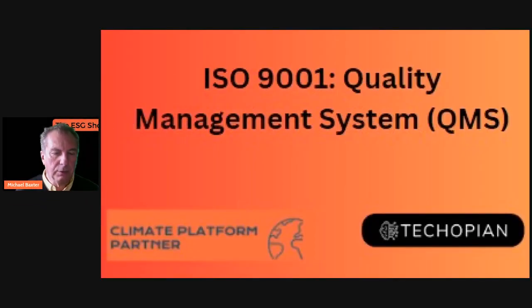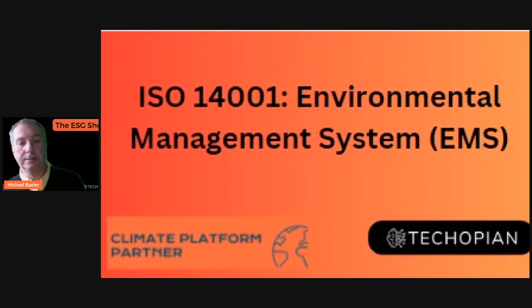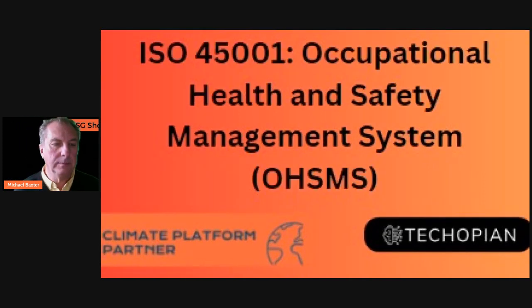So what we're going to do today is get into the nuts and bolts somewhat and really try to drill down and go through some of the ISO standards. For example, ISO 9001, which is a quality management system. ISO 14001, environmental management system.